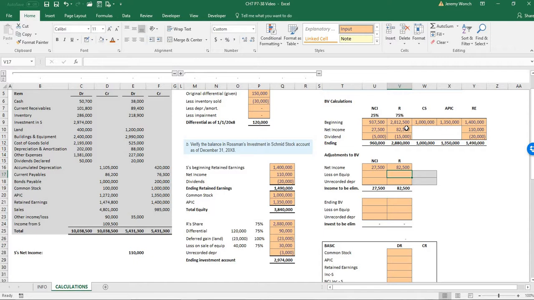And then we want to adjust net income for the loss that we had on the equipment. So the total loss related to the equipment was $40,000. So now we just need to split that between the parent and the non-controlling interest.